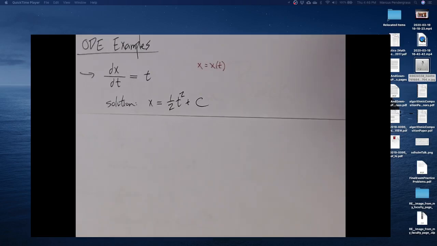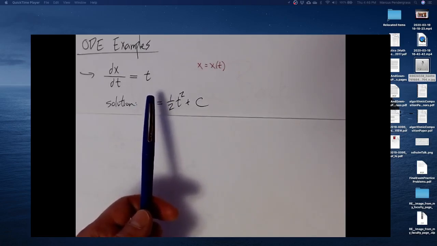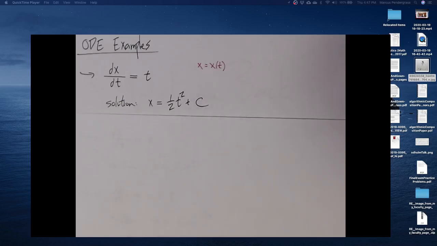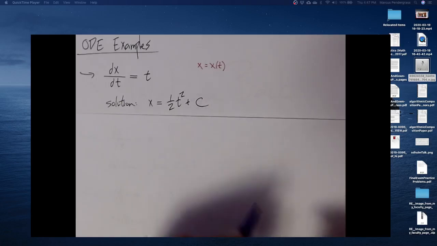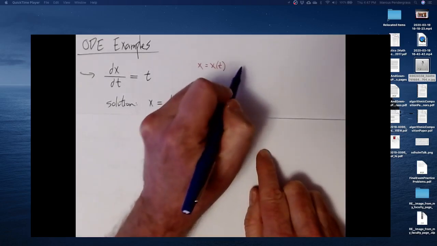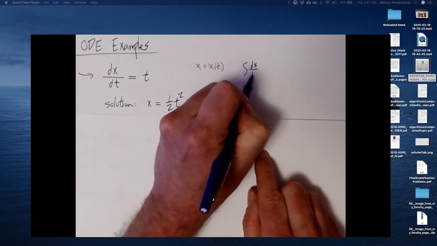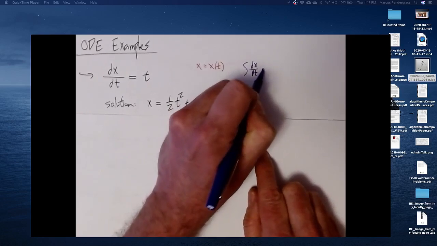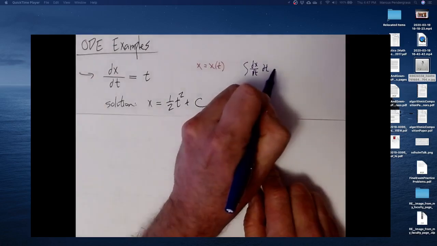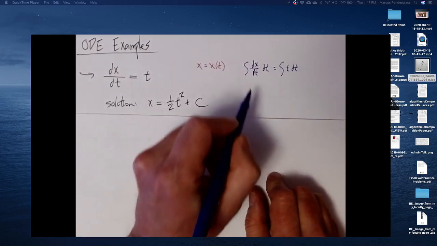So an equation like this, in which the only variable that appears on the right-hand side is t, is basically just an integration problem, right? If dx/dt equals t, then you can just integrate both sides of that equation, and the integral of dx/dt with respect to t, in other words, the integral of x prime, would be the integral of t with respect to t.